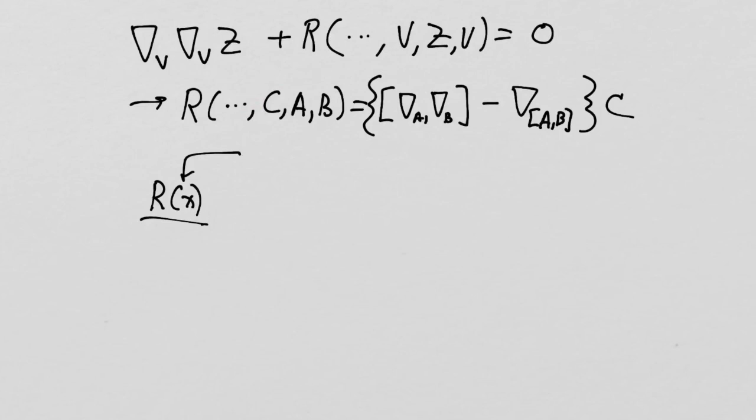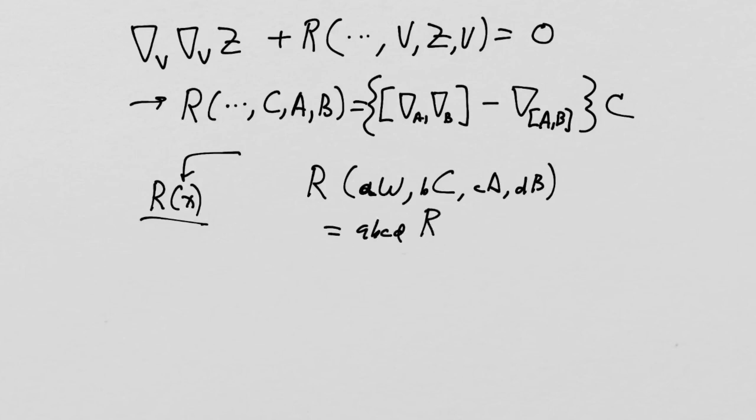In other words, you have to be able to write R of omega, where omega is the one-form, little a times c, little c times a, and little abcd times b, and that had better equal abcd times R of omega, c, a, and b. Right? It's got to be linear.